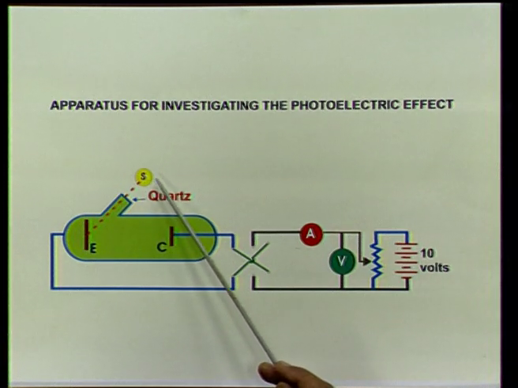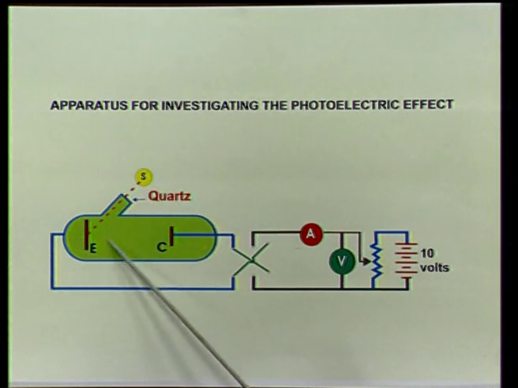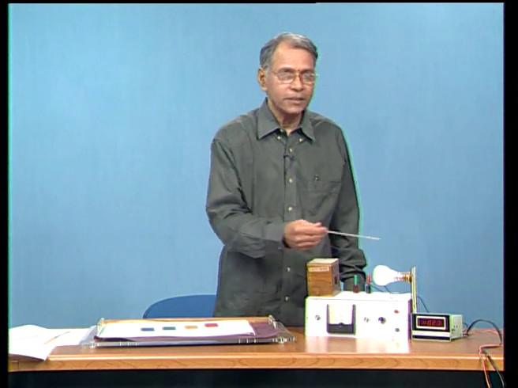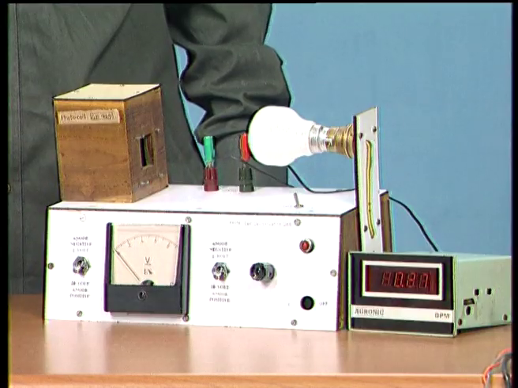We will change the frequency also. Apart from that, we can change the photometal too. These are the factors which affect the photoelectric current. This is the apparatus we discussed in the earlier chart.